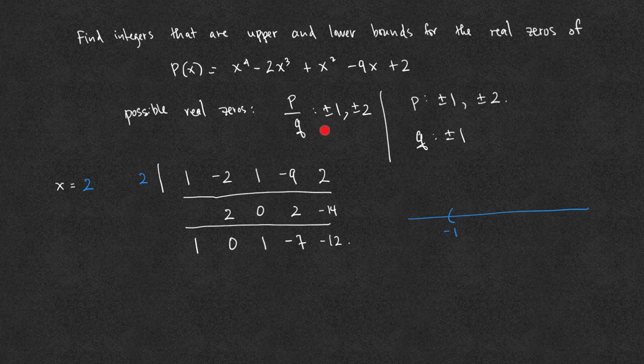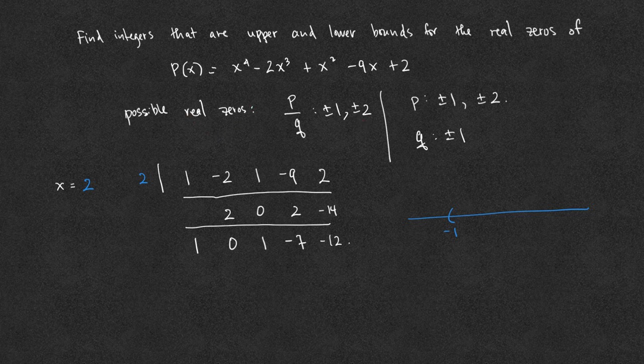We check x equals 1. We check x equals -1. We don't have to check x equals -2. And we should check x equals 2. None of these is a zero of the polynomial, but the synthetic division only checks if the rational real zeros of the function exist.